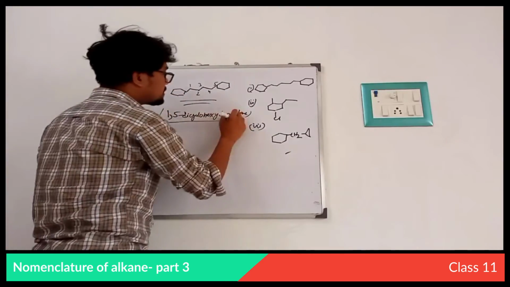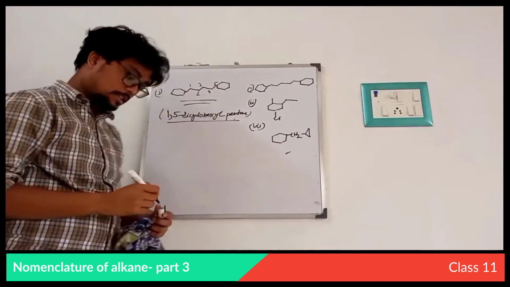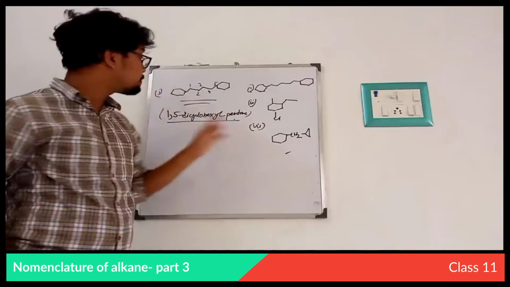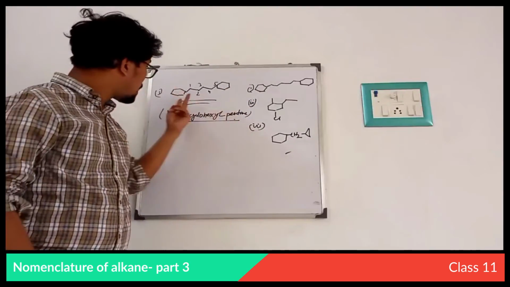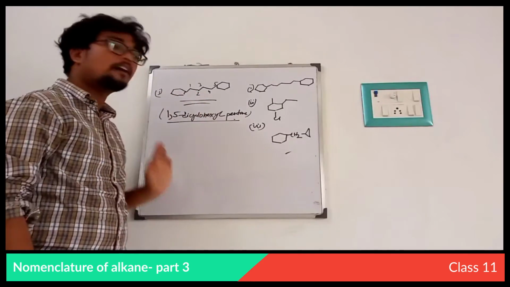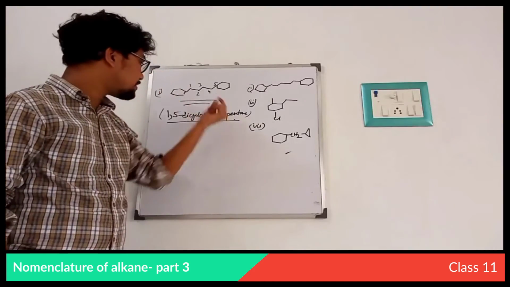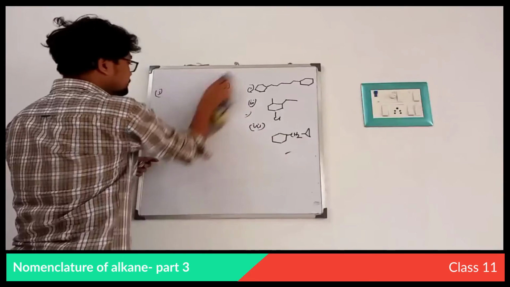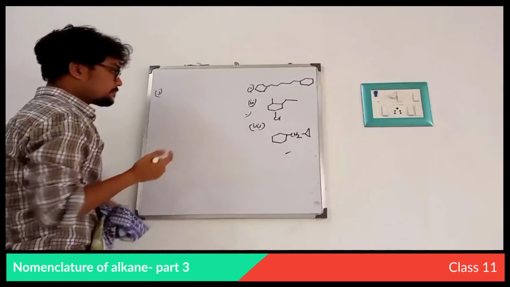Understand? This is a very interesting problem. The substituent part has more carbons because of the presence of 2 cyclohexyl groups. That is why it acts as our substituent, not word root, and the word root is pentane. Fine. Now I am doing it. Next one. Very quick, very quick.